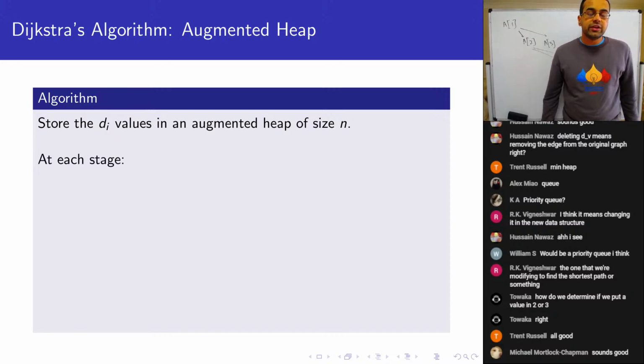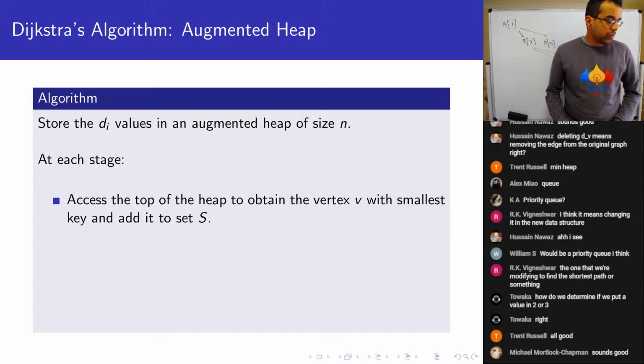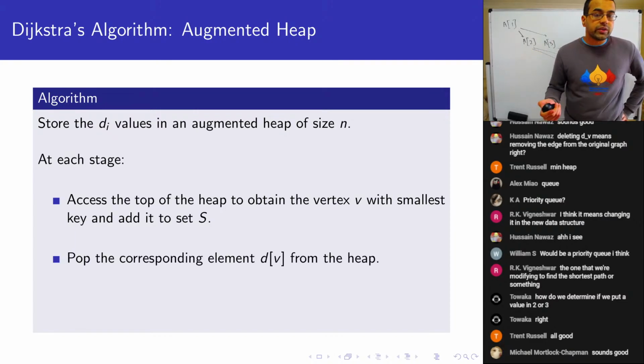And then at each stage, we first find the vertex v that we want to add to the set S, the solved set, by, again, just taking from the top of the heap. This finds the vertex v with smallest key, and we pop the pair v comma d sub v from the heap.